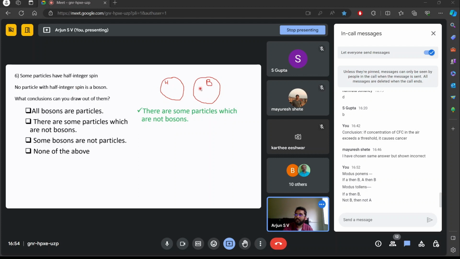So bosons will not overlap with half integer spin. So out of all the particles here, everything except this region are particles as well. So there are particles which are not bosons. All the other answers will not be applicable, because some bosons are not particles is wrong; all the bosons are particles.